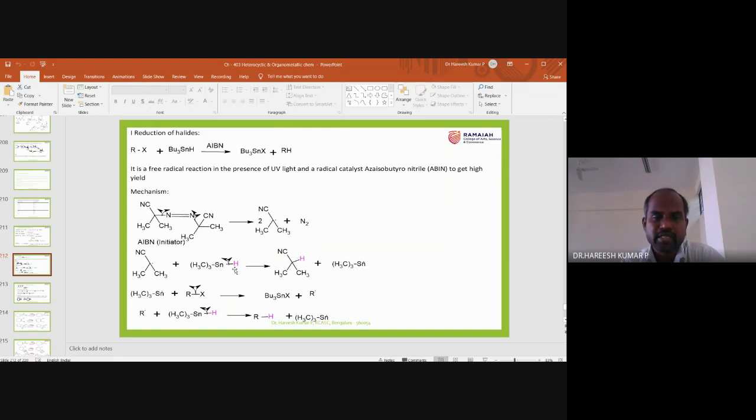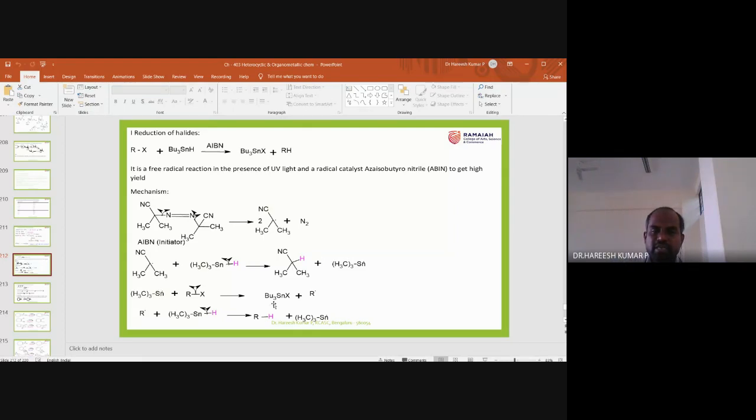Then this hydrogen radical will form a bond with the isobutyronitrile radical, and there is generation of a new free radical, that is the tributyl tin radical. This tributyl tin radical reacts with the alkyl halide. The alkyl halide will undergo homolytic cleavage, and then the halide X will form a bond with the tin.